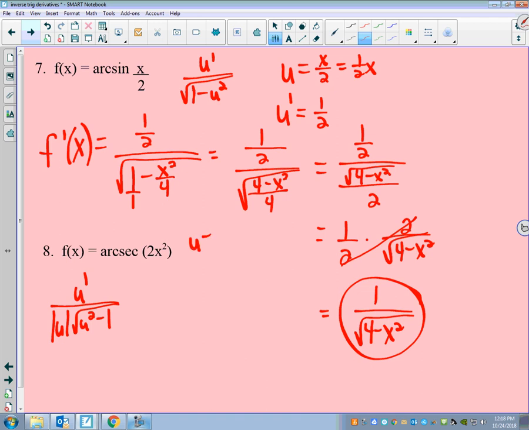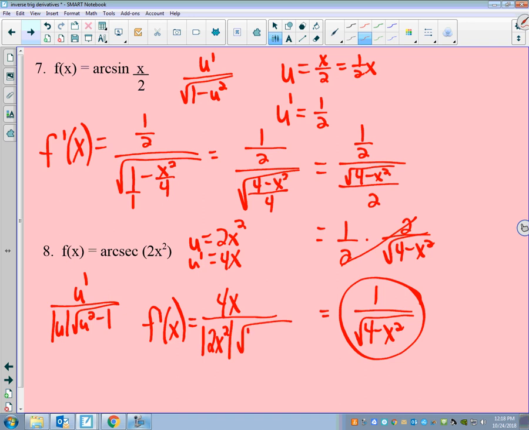So u is 2x squared. So u prime is 4x. So my derivative here is going to be 4x over the absolute value of 2x squared times the square root of 4x to the 4th minus 1.